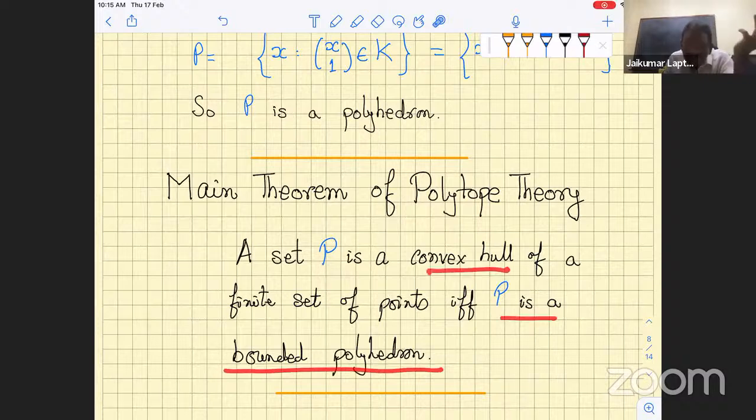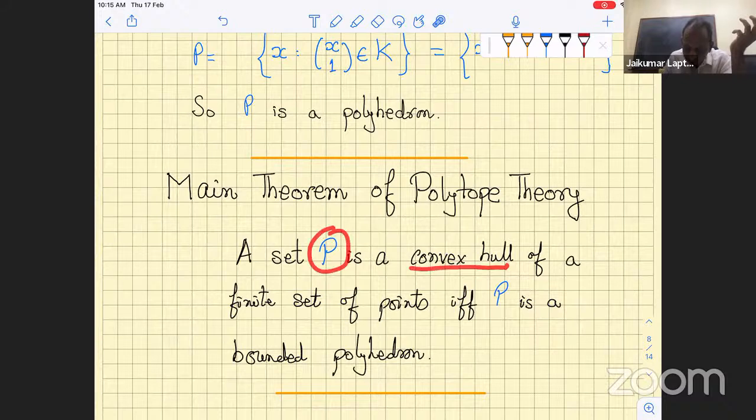Convex hulls are already bounded, and anything which can be written as a convex hull plus a cone is always a polyhedron. So in particular, if it is a convex hull plus the zero cone, it is also a bounded polyhedron. Because it's a convex hull, it's bounded, and because it's the sum of a convex hull and a cone, it is a polyhedron. That is, it can be described by a set of equations. So we have proved this direction.